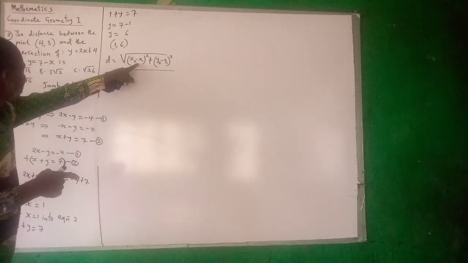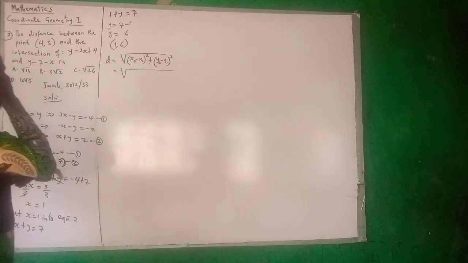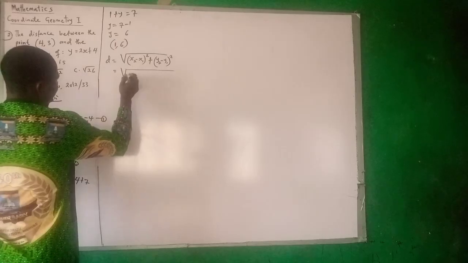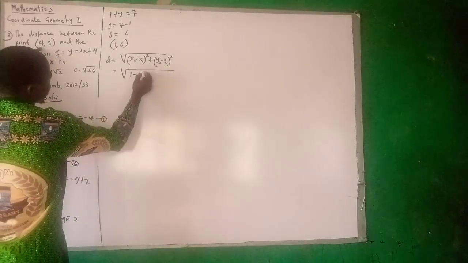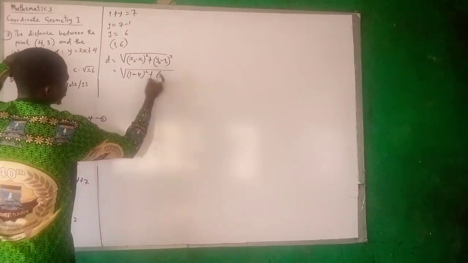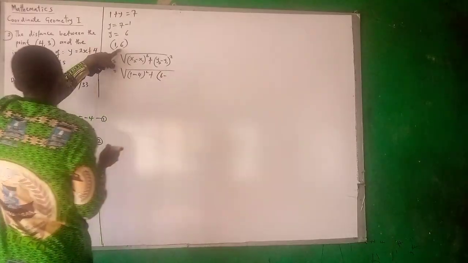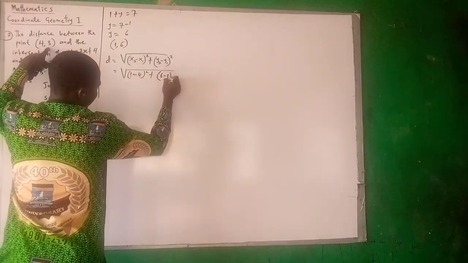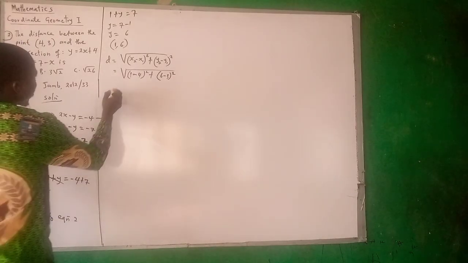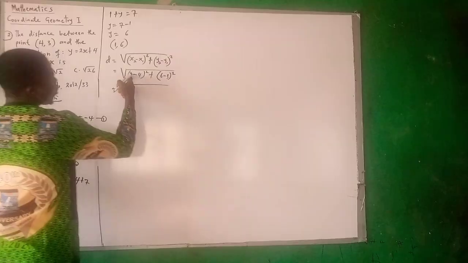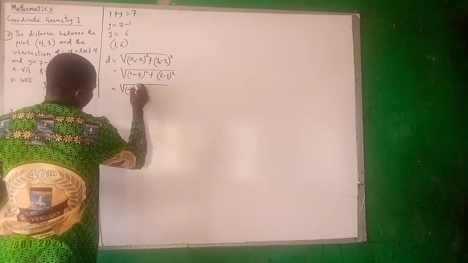So my x1 is 4, right? My x2 is 1, don't forget. So here now, my x2 is 1, right? Minus my x1, which is 4. Then I will square it, plus y2, which is 6, minus y1, which is 3. Then square it. So now we have something like this. 1 minus 4 is minus 3.